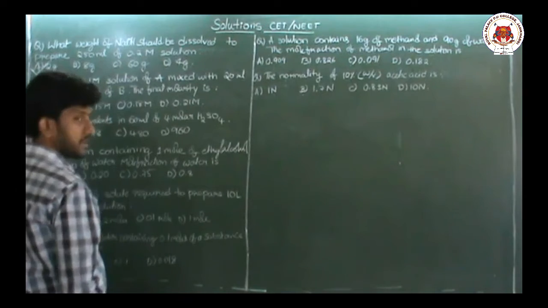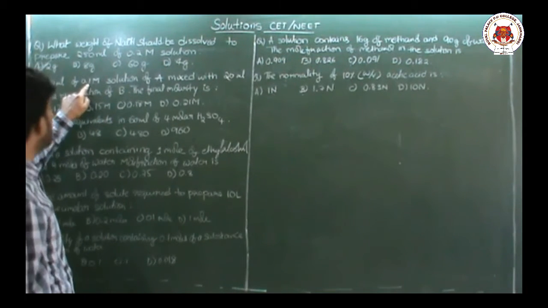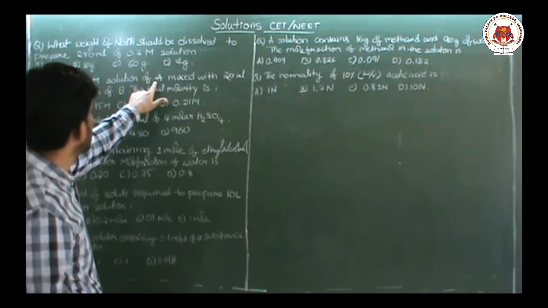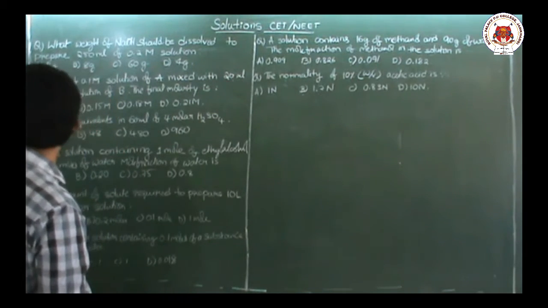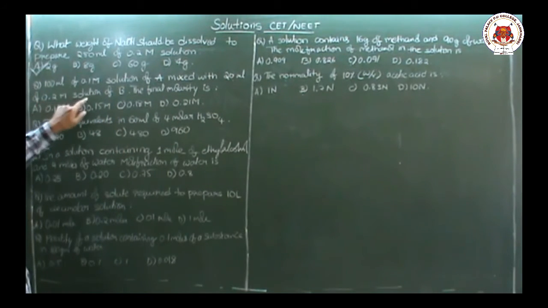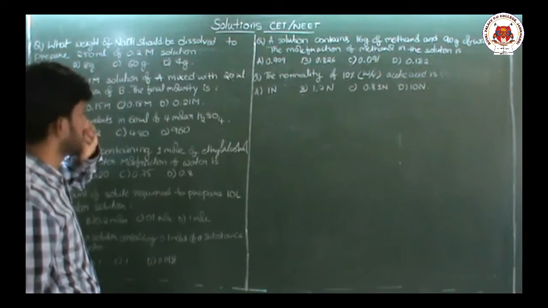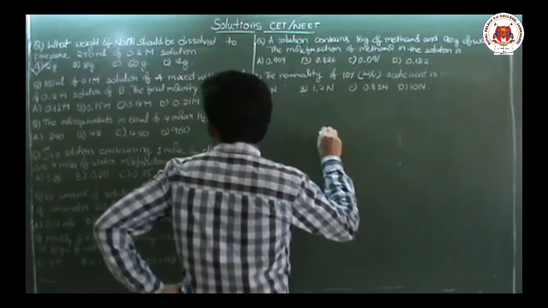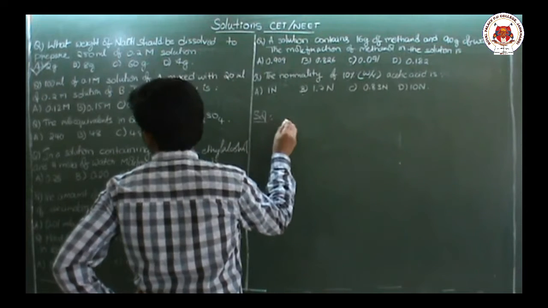Next question is: 100 ml of 0.1 molar solution of A is mixed with 20 ml of 0.2 molar solution of B, then the final molarity is. So it is like mixing of solutions.